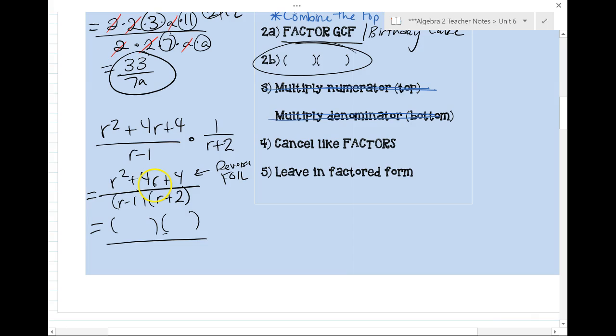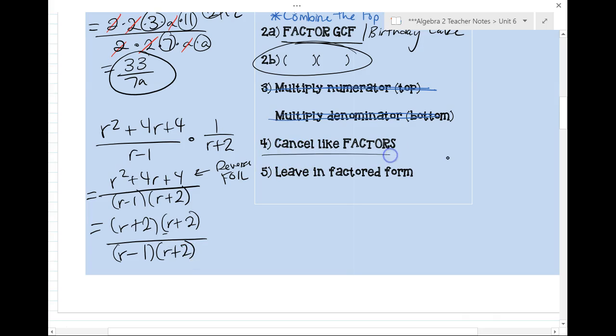So now we say, okay, well the first term is r squared, so we know the first term will be r. And what two numbers multiply to 4, but also add to 4? Well, that would be 2 and 2. And it would have to be positive, so we know that that's going to be plus and plus. And then rewrite the bottom of our rational, which was r minus 1 and r plus 2.